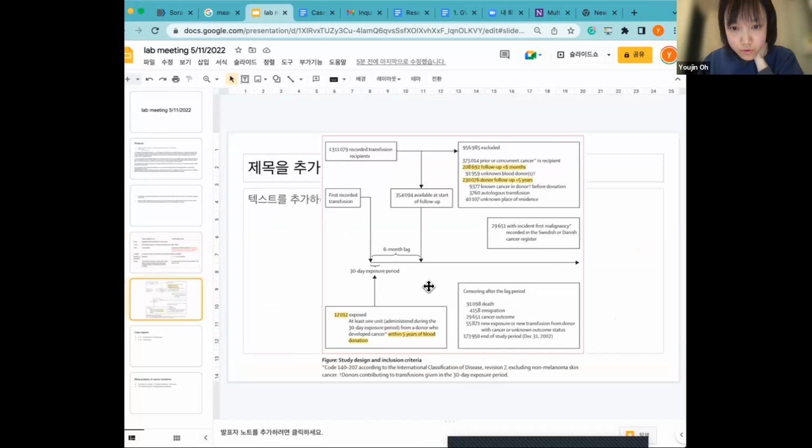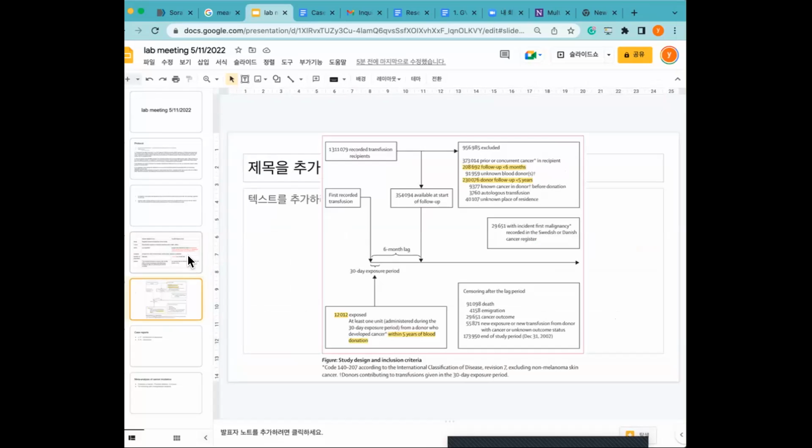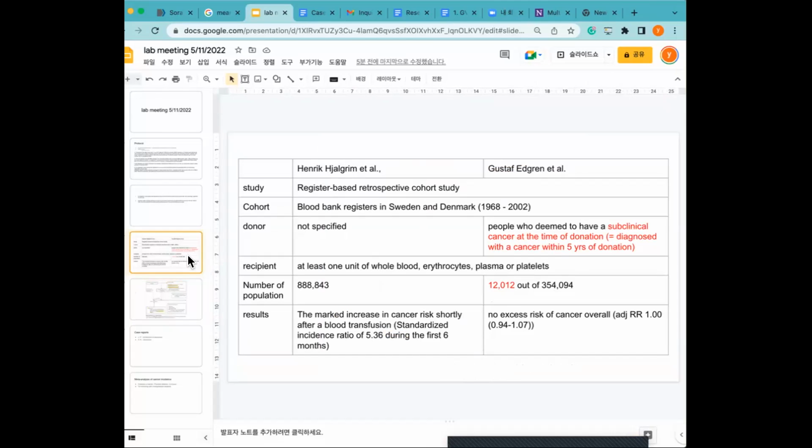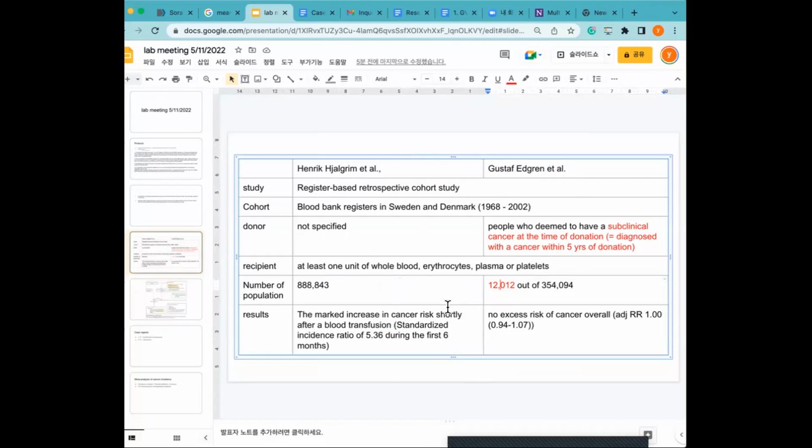That's maybe true. You can send the article back saying that with the same cohort later on, when they didn't do the case control but looked at the whole population, it actually showed that there is increased risk. You can talk to Liam to reply back and cite that paper, Henrik paper, and say that when we do meta-analysis or overall study, there seems to be a definite association, a strong association.